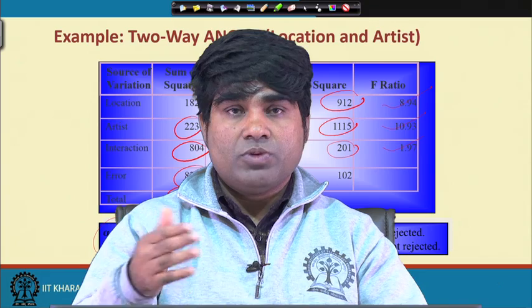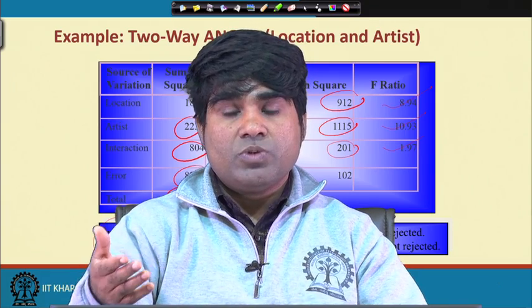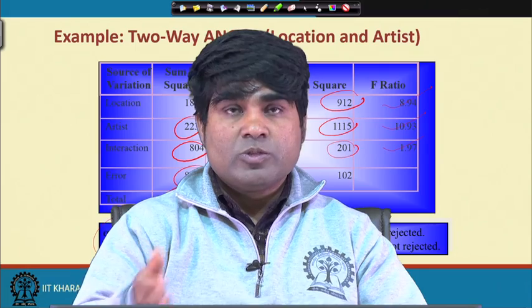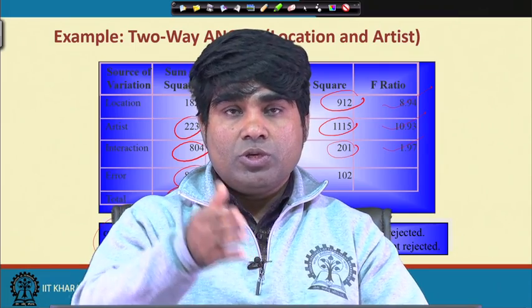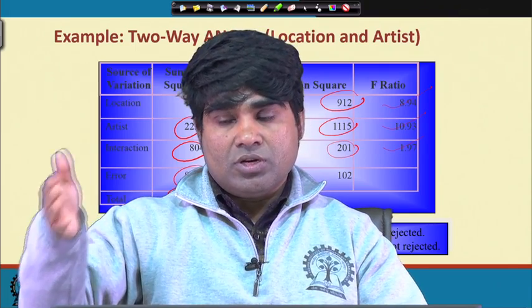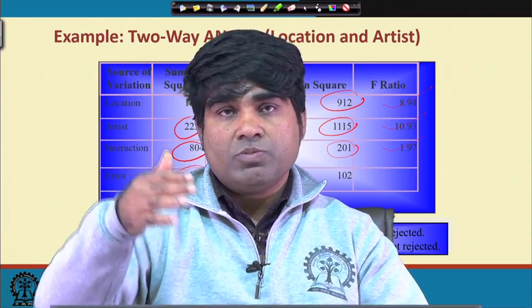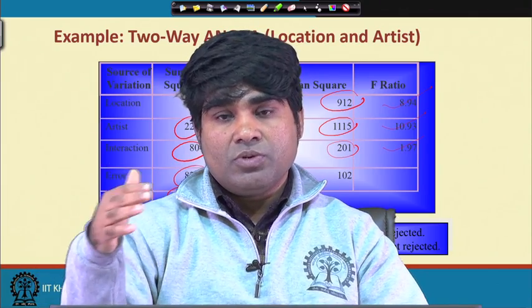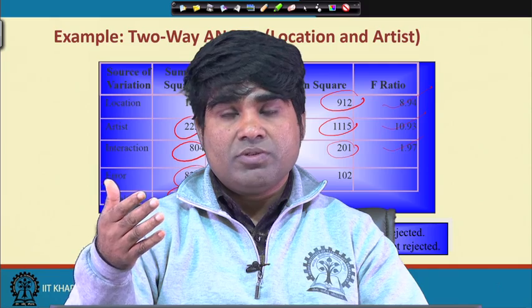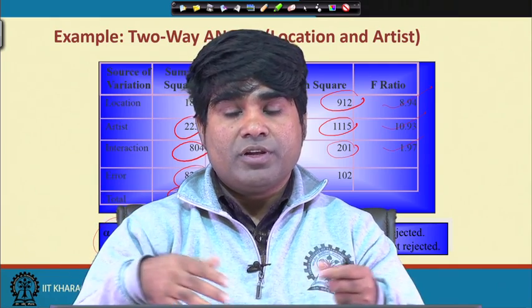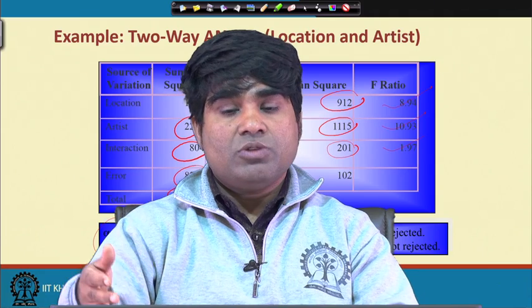For instance, you can fix alpha equal to 1%, 5%, or 10%. Accordingly, you can get 3 critical values. Now this calculated value can be compared with 1%, 5% and 10%. If it is statistically significant at 1%, that is the highest weightage you can give to this kind of difference, followed by 5% and 10%.